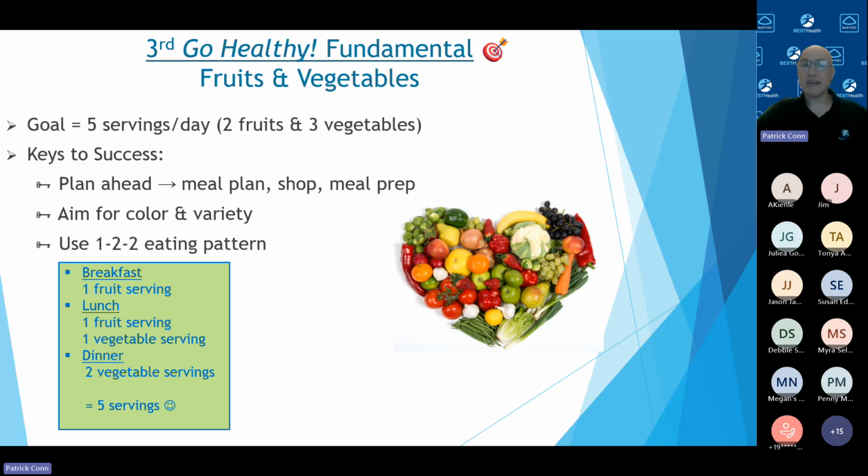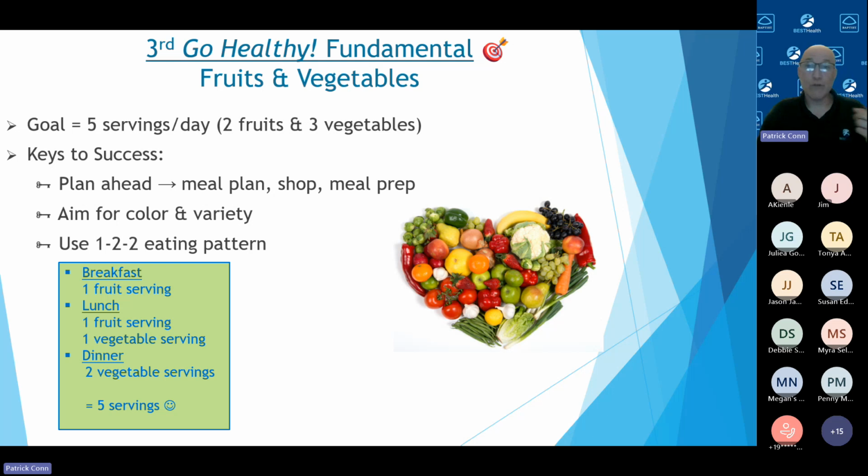Another key to success is to aim for color and variety of your fruits and your vegetables. And one more key to success, a good little eating pattern, is called the 1-2-2 eating pattern. Of course, you can manipulate this however you want to, but an example would be for breakfast, one fruit serving.